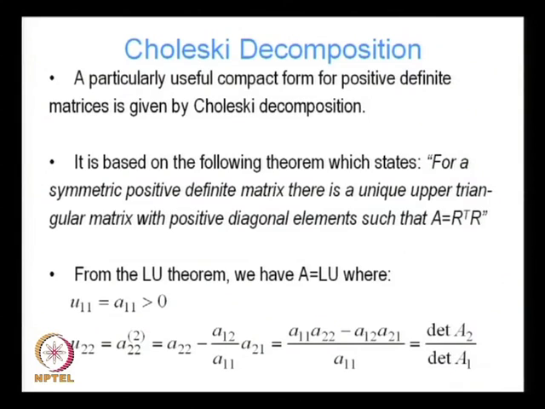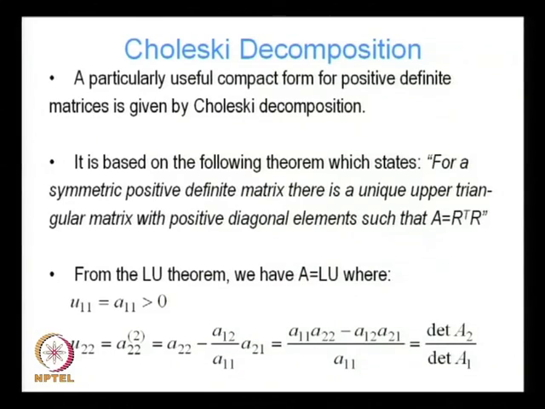This can be written as determinant of A2 divided by determinant of A1, where we recall that A_k, with k varying from 1 to n, is the submatrix formed by the intersection of the first k rows and the first k columns of A. So A2 is the submatrix of A formed by the intersection of the first 2 rows and the first 2 columns of A. So U22, the second diagonal element, is nothing but determinant of A2 divided by determinant of A1.